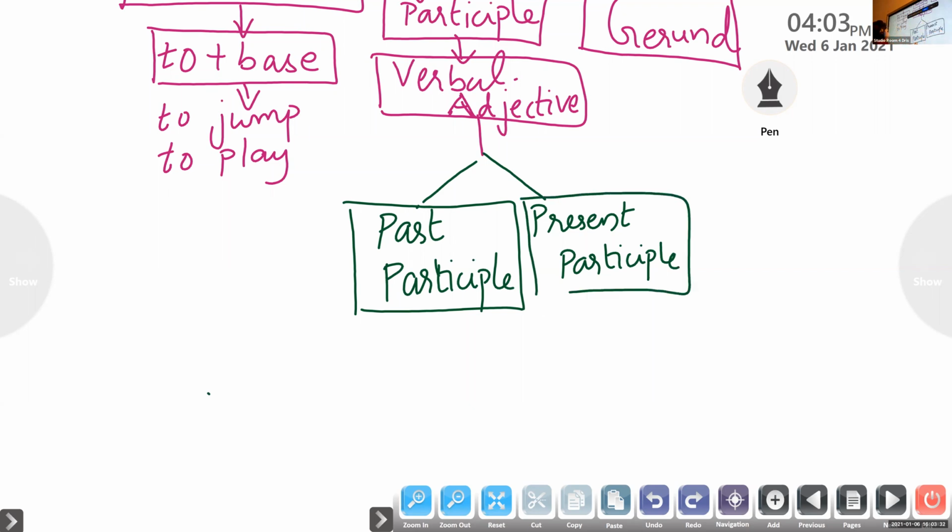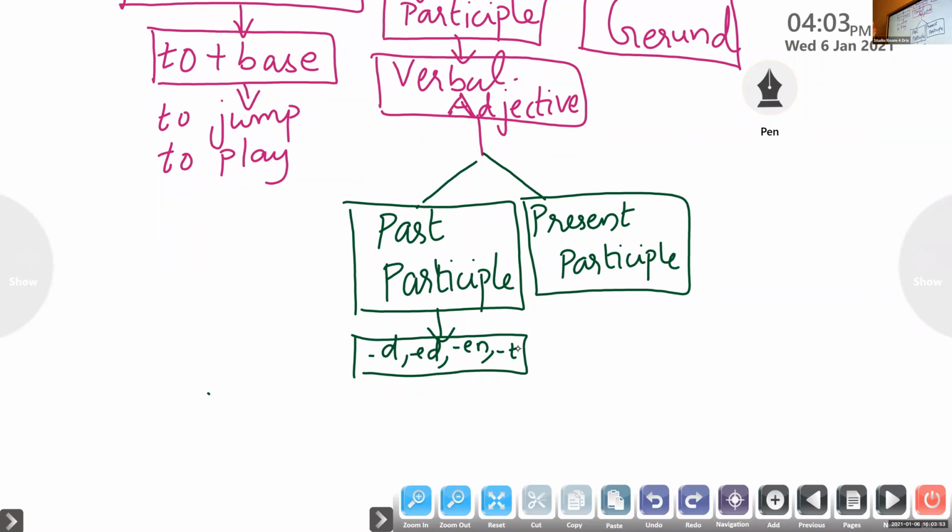Tell me examples for past participle. You know the past participles end with D, ED, EN, or T. The third form of the verb is called the past participle form.